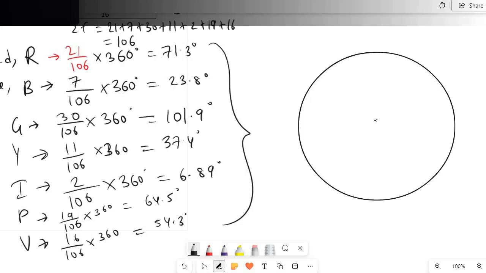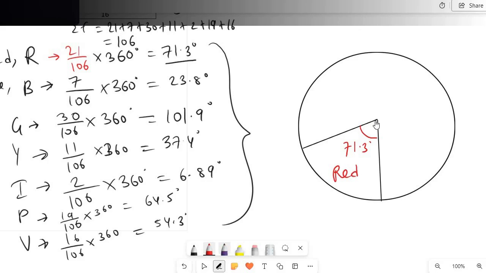For the first one, red, we can say that the angle subtended by the sector made by red is going to be 71.3, which should be approximately something like this. So we can say that this should be the sector shown by red, which is 71.3.